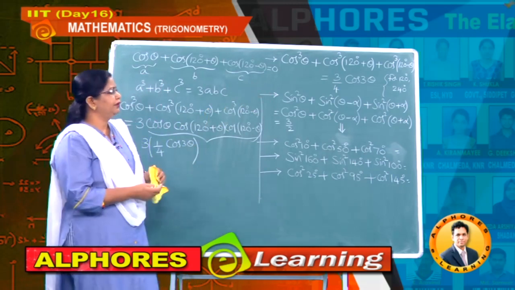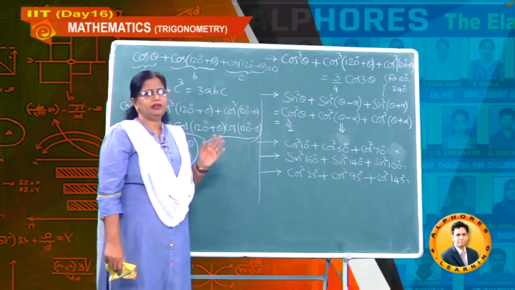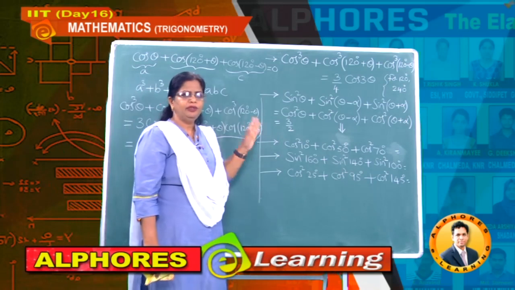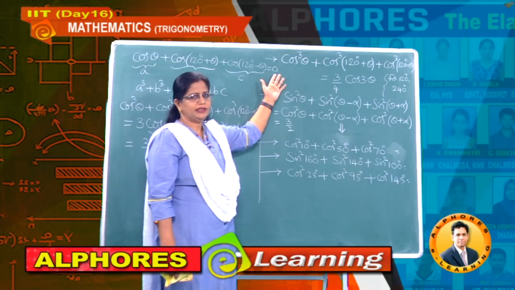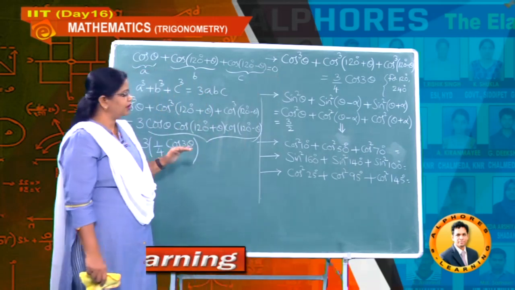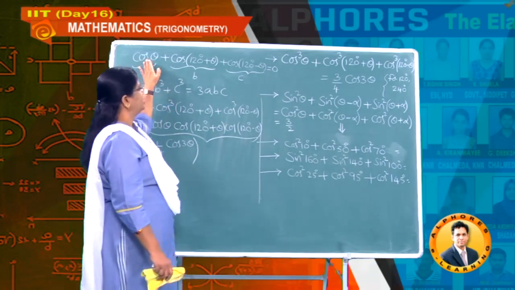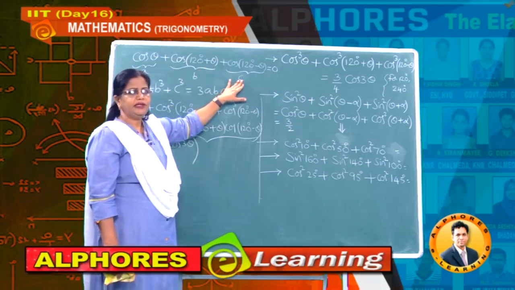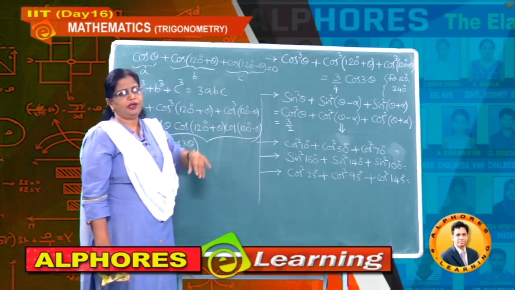Therefore here we applied an algebra formula as well as a trigonometry formula. These algebra formulae we have to remember every time, so you can apply them whenever necessary. Now observe the two known results we used to solve this problem. One is cos theta plus cos (120 plus theta) plus cos (120 minus theta) equal to 0; of course 120 can be replaced even by 240 degrees.